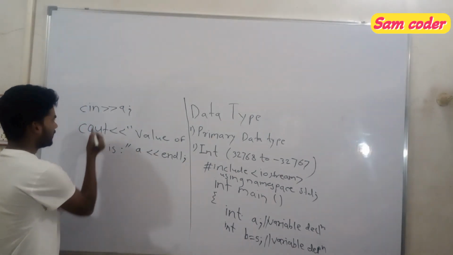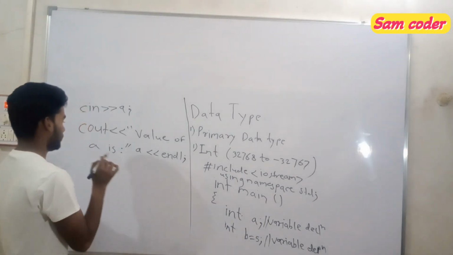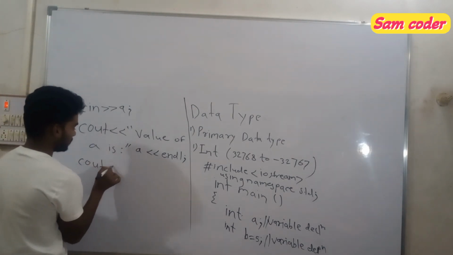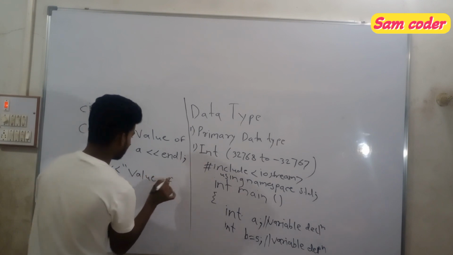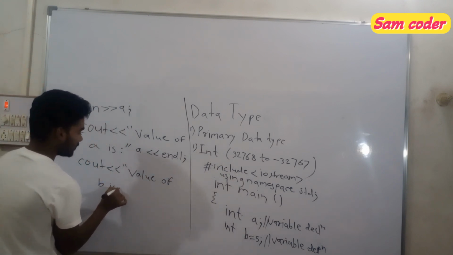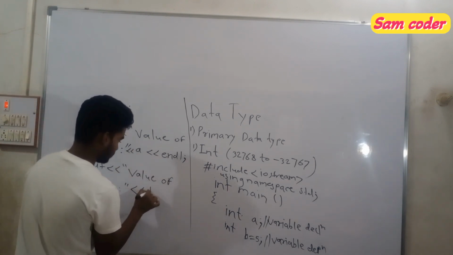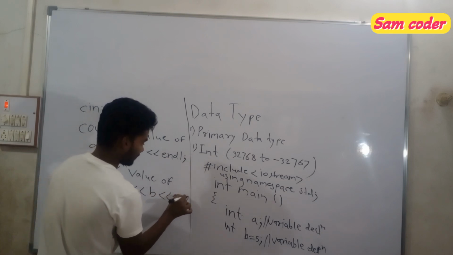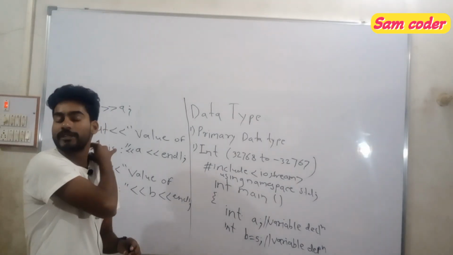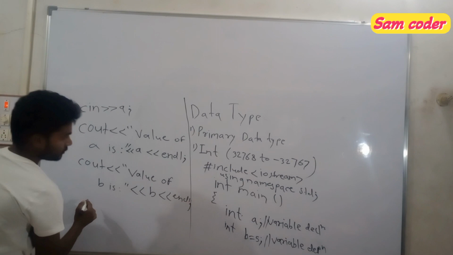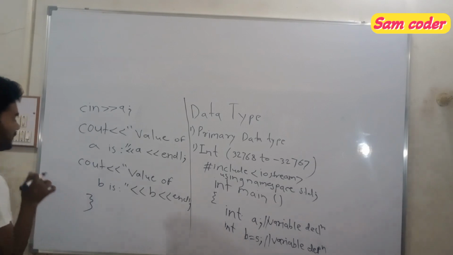For the definition there is no need to take input from the user, as we have already provided the value. So the same statement we can use here, and then you will get the value of that. We can close the curly bracket of the main function, and then the program is done.